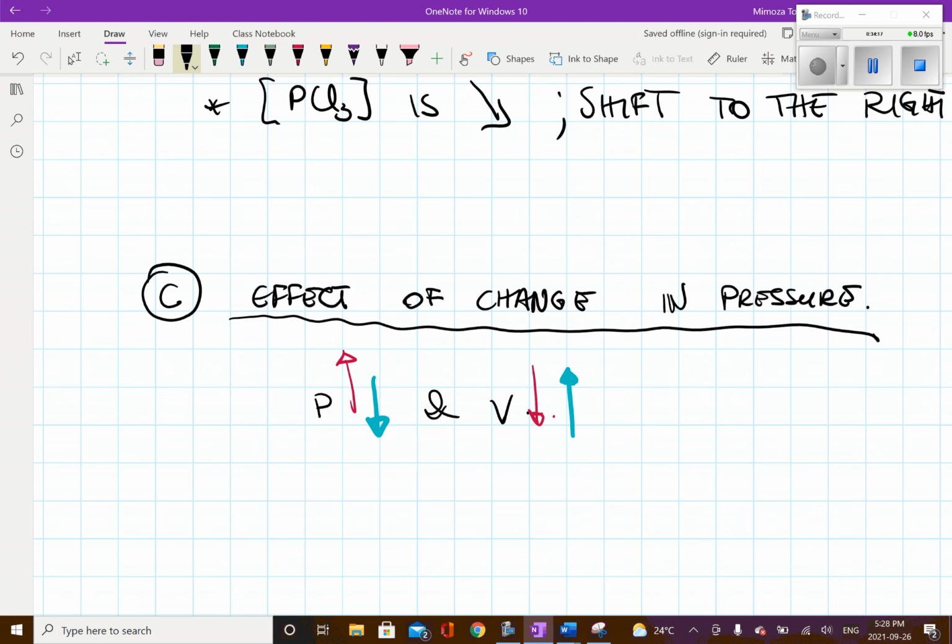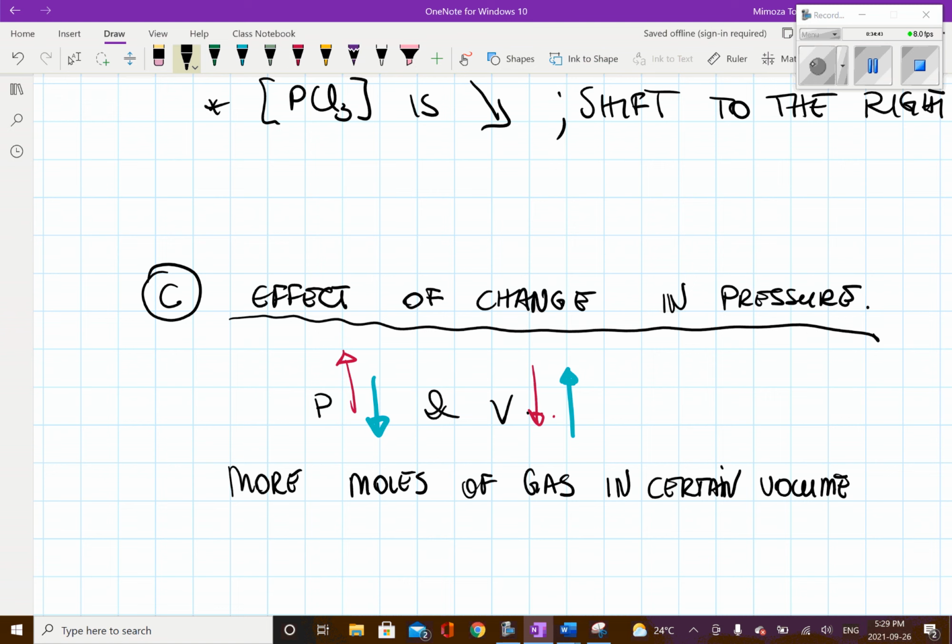Okay, let's write this down. When we are balancing the reaction and we see that on one side there are more moles of gas in a certain volume, it means higher pressure.